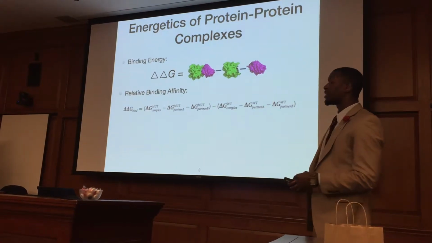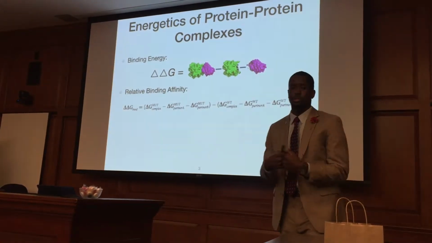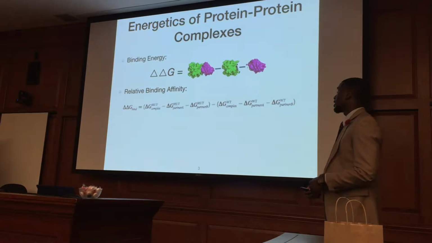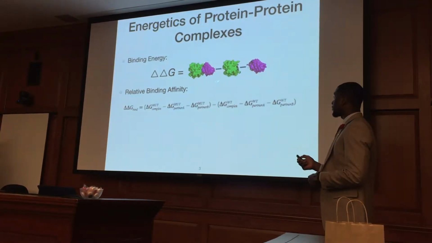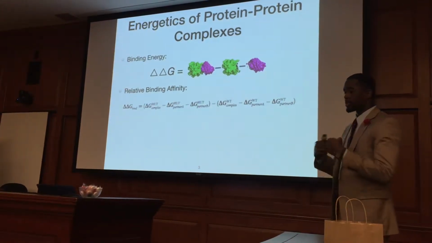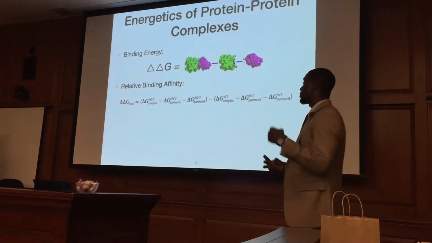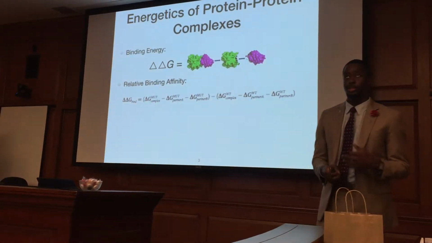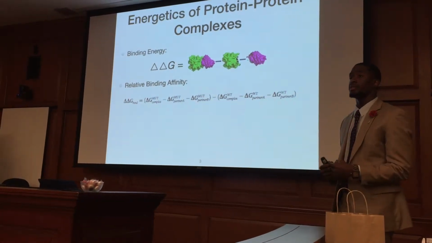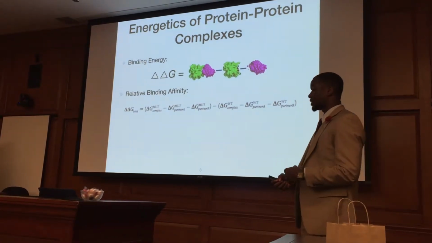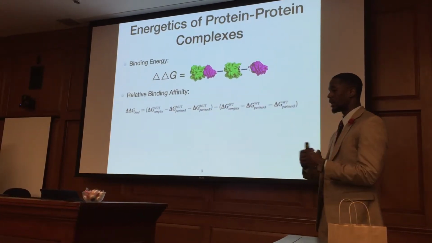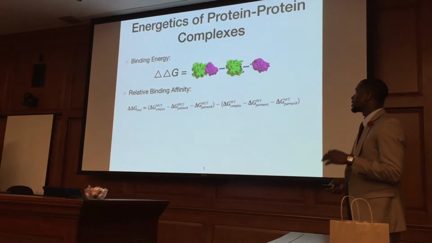To calculate the binding energy of a protein-protein complex, we take the Gibbs free energy of when the protein is in the complex state, and then we subtract from that the energies of the constituent partners that constitute the complex.